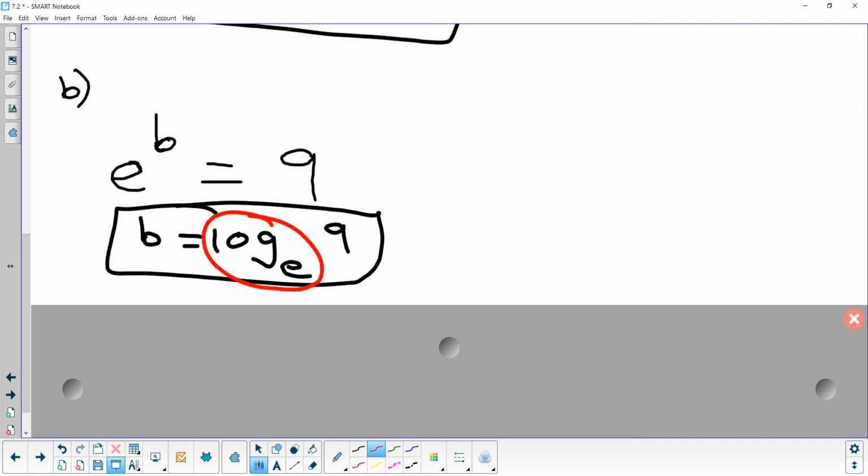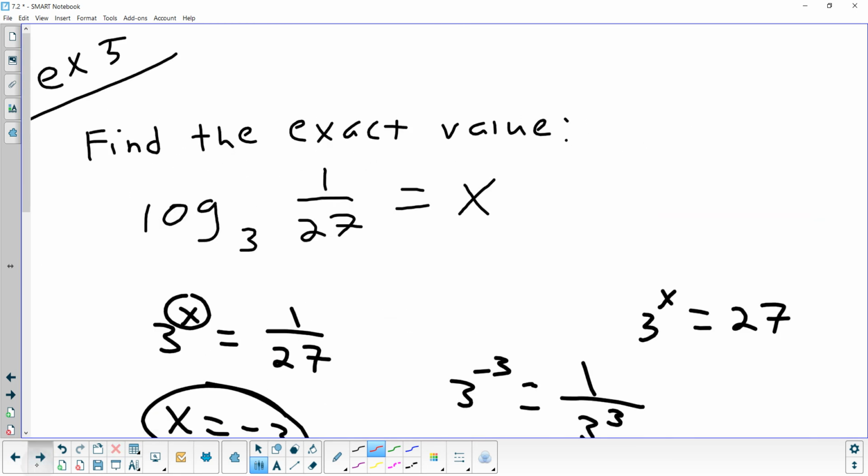You would never actually see something written like that, log base e, because when you put a base of e on a log, that is something special. It has a special name, and I'm going to show you what that is.